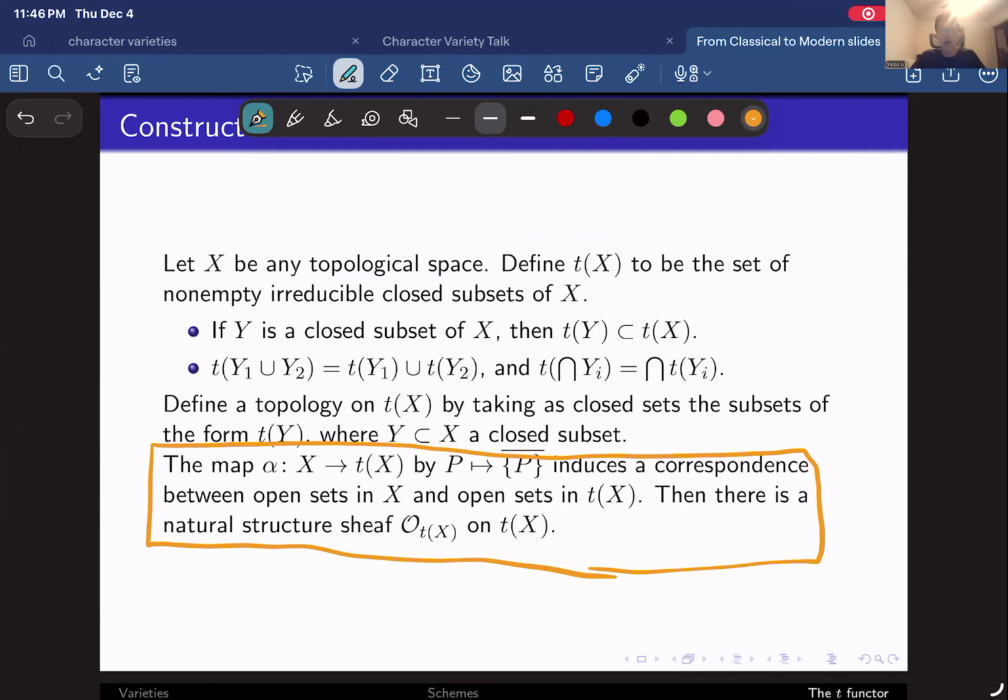So even though I added a little bit more points, this mapping P to the closure of P induces a correspondence between open sets of X and open sets of T of X. By this, I have a natural structure sheaf O of T of X on T of X just because of this correspondence, when I take X to be a variety.